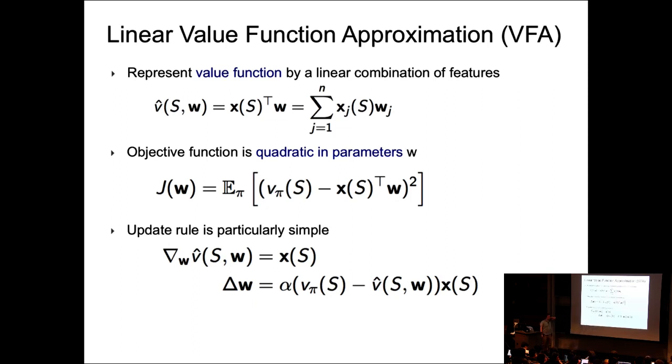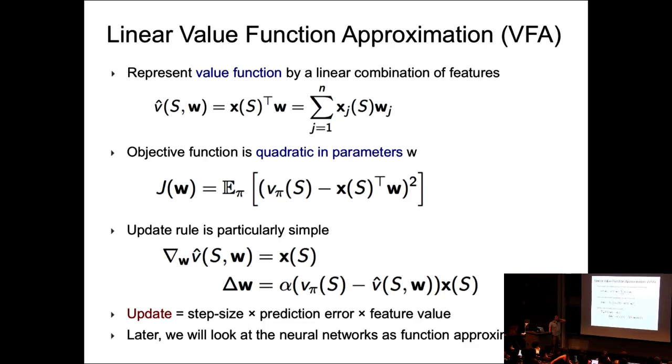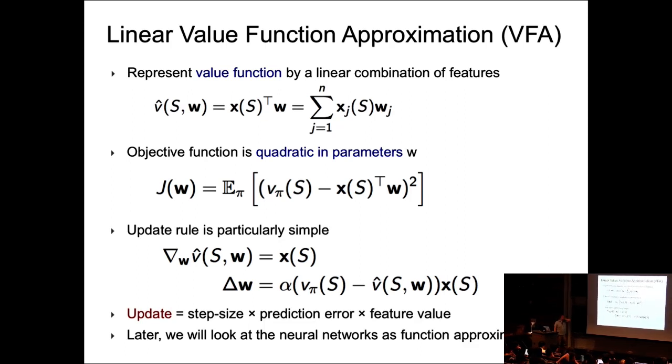In this case, if I look at gradient descent, the update rule becomes fairly simple. You just take the gradient, and the update equals the step size, something you have to choose, times the prediction error, which is how far off your prediction is from the correct target, times the feature value.